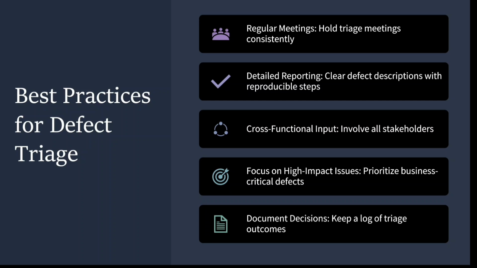We have to involve all stakeholders and the business analyst team, so everybody has proper information, and we focus on high impact issues first. We have to prioritize the most critical and most severe issues, and document everything. Without documentation we cannot proceed further, because we don't have proper information to pass on. It will help achieve a better outcome.